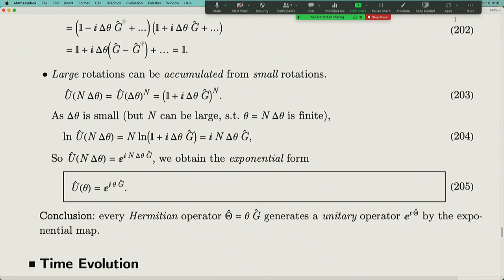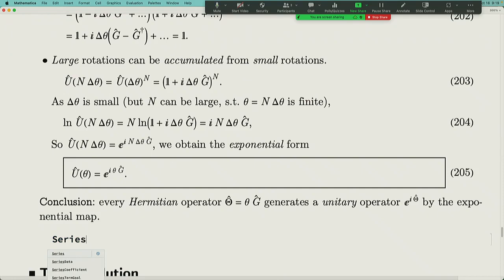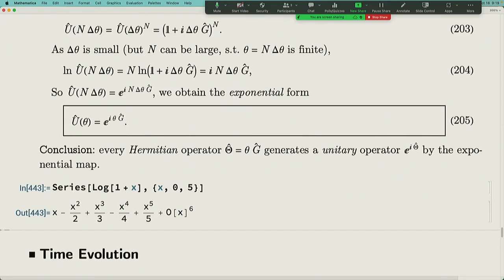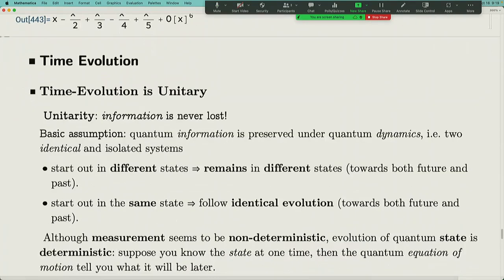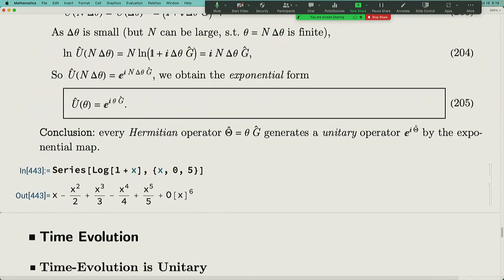If you don't believe me, I actually forgot about this Taylor series, but I can do it right now. 1 plus x, expanded to the fifth order. So there's a Taylor expansion for log of 1 plus x, and the leading order is x, okay? Any further questions?